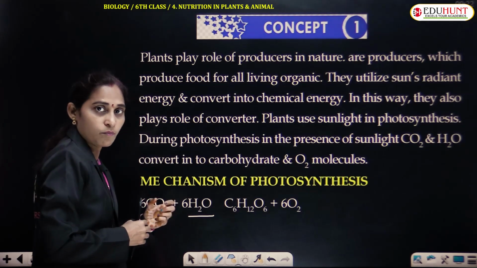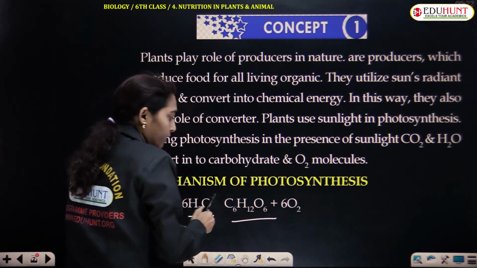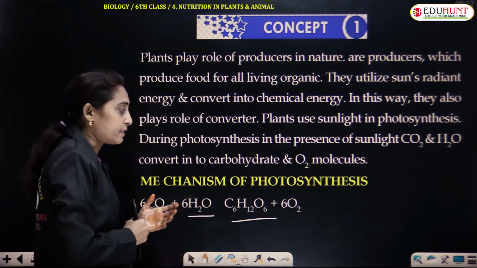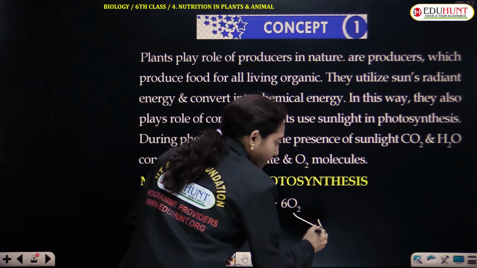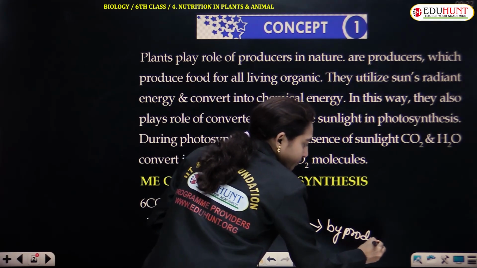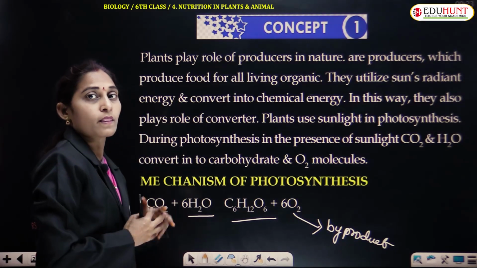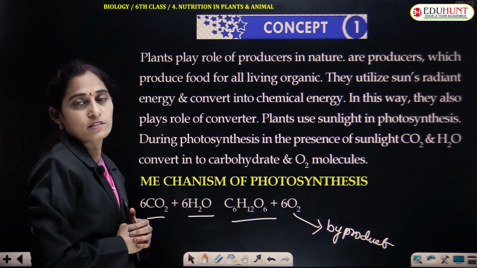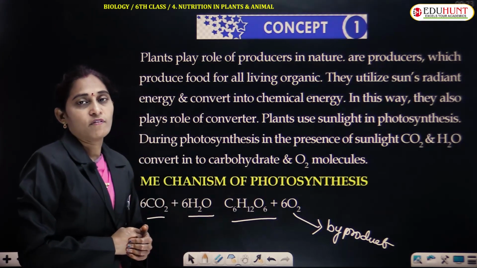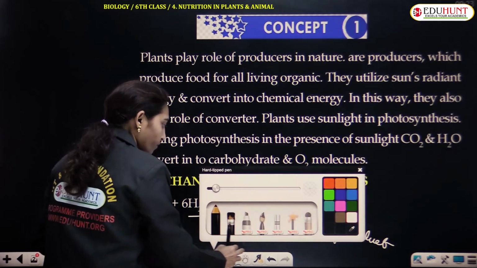Both these smaller molecules join together to form a larger one, that is glucose. And oxygen is a byproduct. Oxygen is the byproduct of photosynthesis, whereas the end product is glucose.